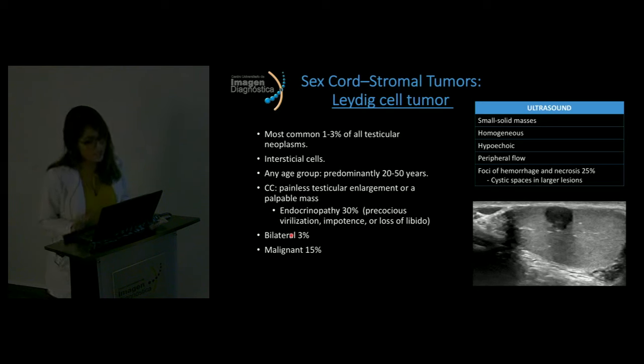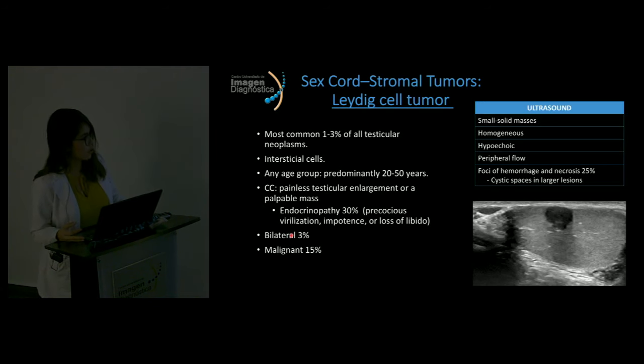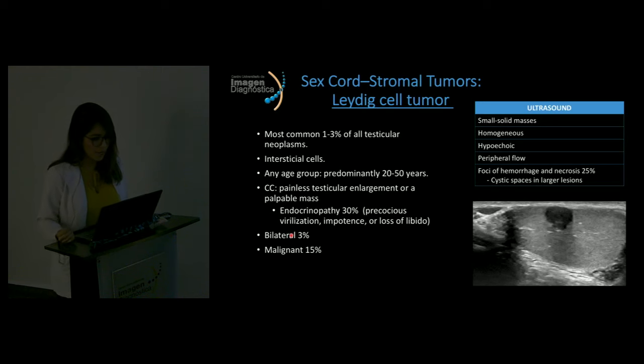Approximately 30% of these patients will have endocrinopathy, which may manifest as precocious virilization, impotence, or loss of libido. From 10 to 15% of these tumors will be malignant, invading the tunica at the time of diagnosis.